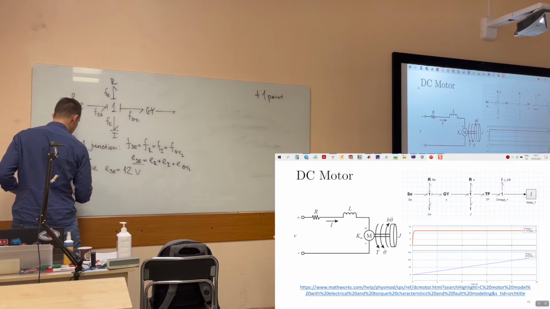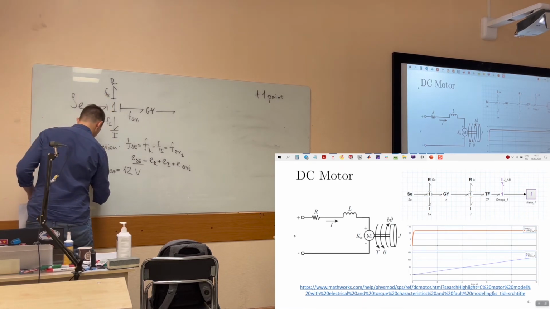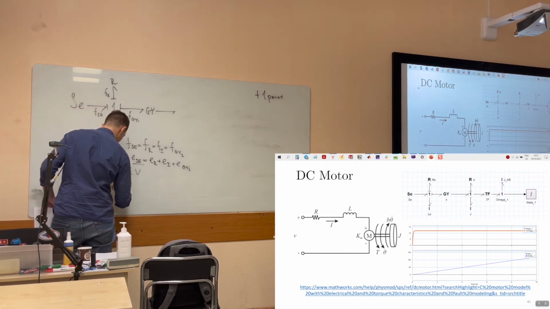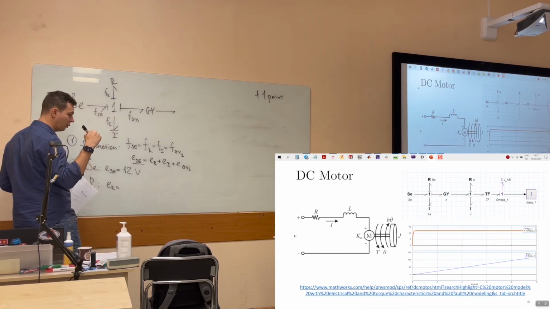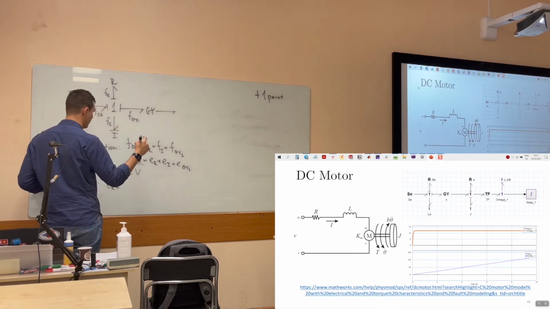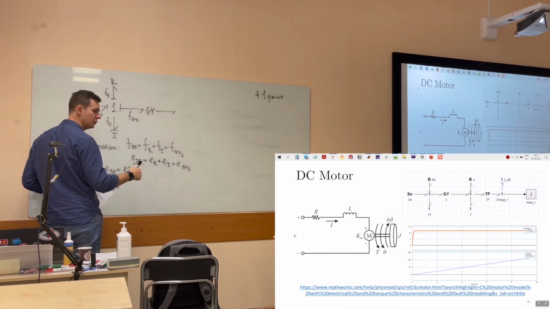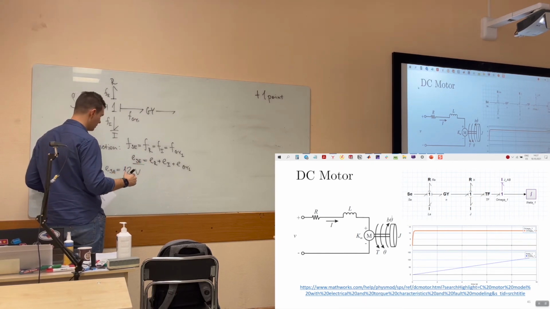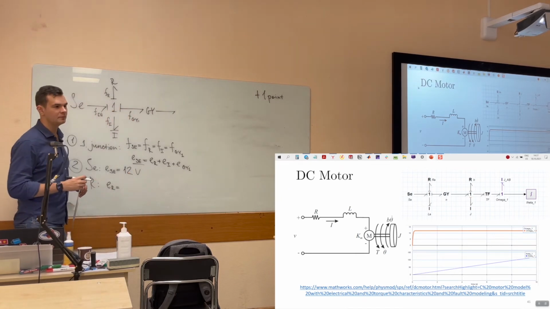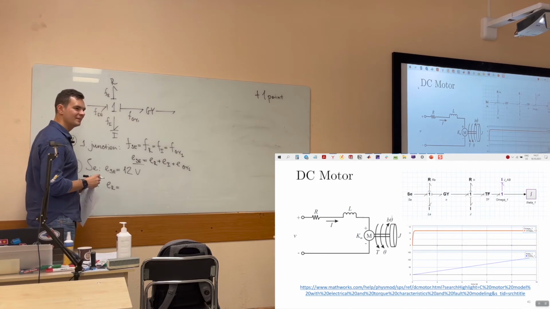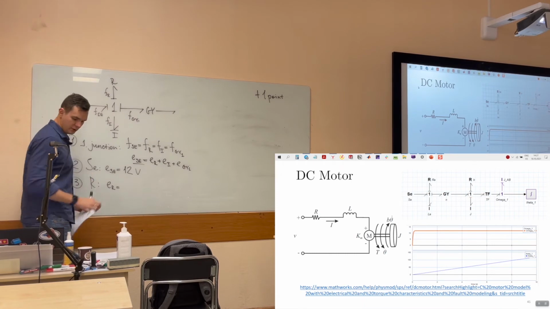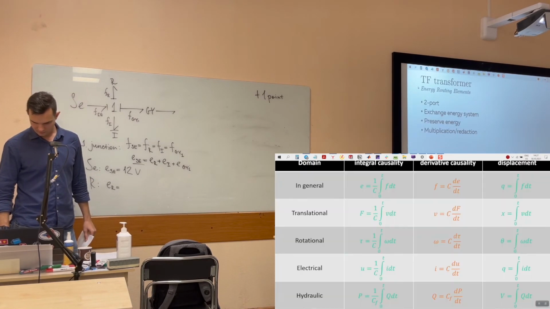Then we can consider the R element, and Er will be, if we recall all our equations, flow times coefficient of R, and here it will be 1. But what should I write for the effort?